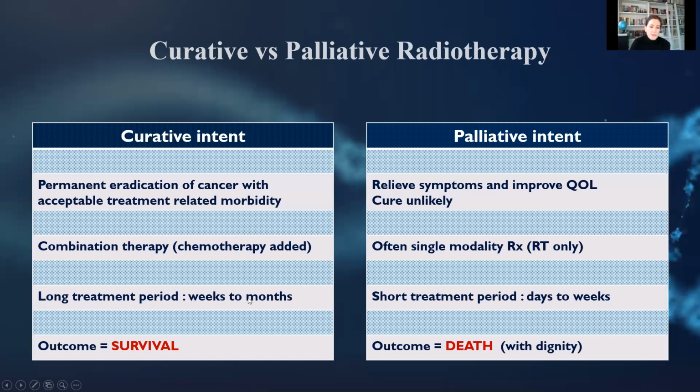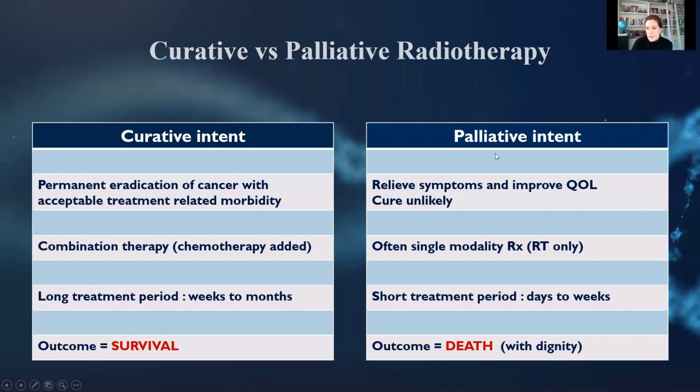It goes on for weeks, usually about 2 months of treatment, and that excludes all the time it takes to recover afterwards. We are aiming for survival. So there's a price to pay, but we are trying to cure the patient. Although we need to make sure there's not too much morbidity, we understand that patients are prepared to put up with a lot of discomfort if they can recover and survive.